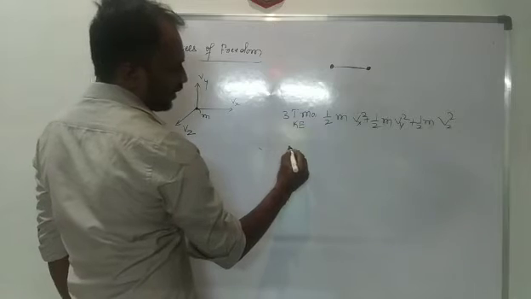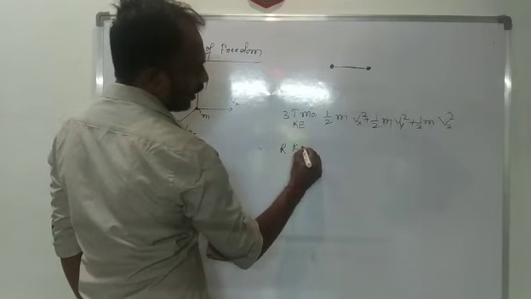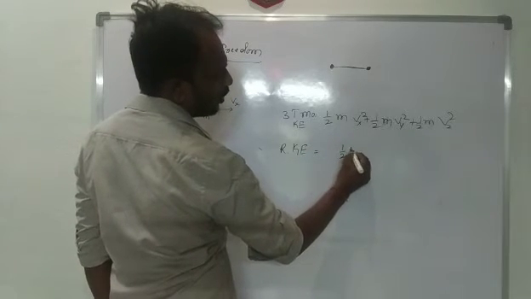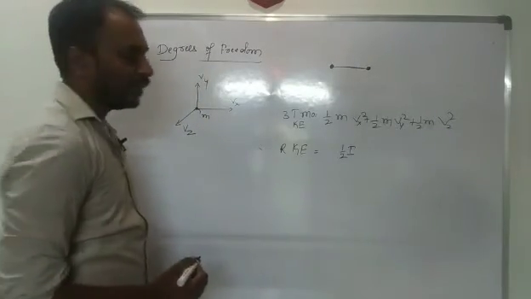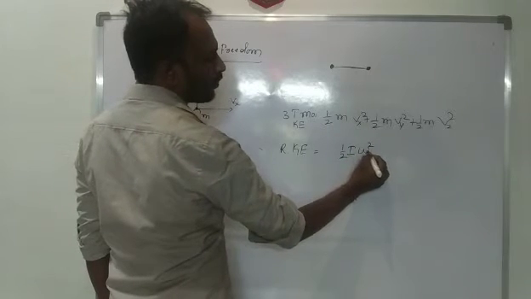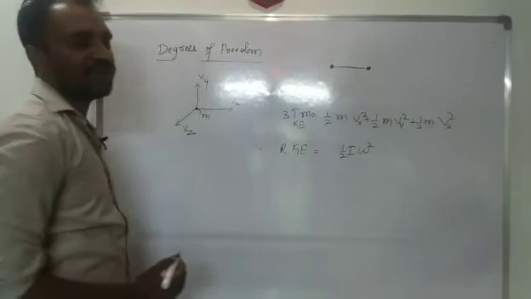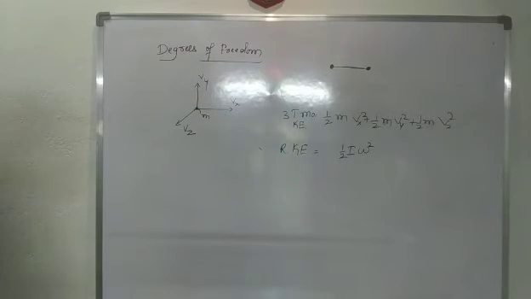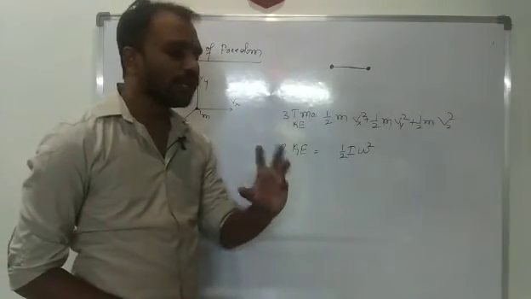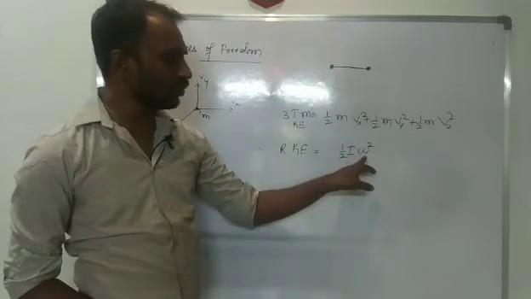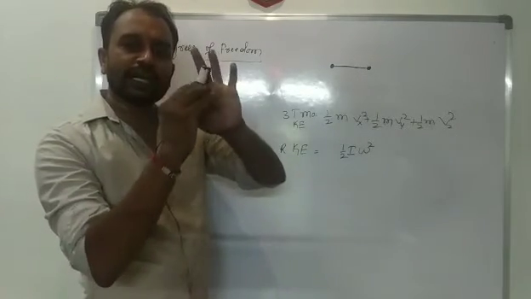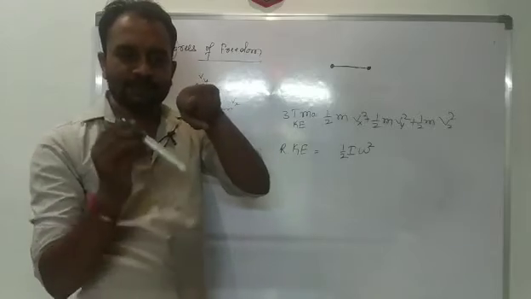First, it is half I omega square, where I is the moment of inertia and omega is the rotational velocity, or angular velocity, because the molecule starts rotating like that about the z axis.